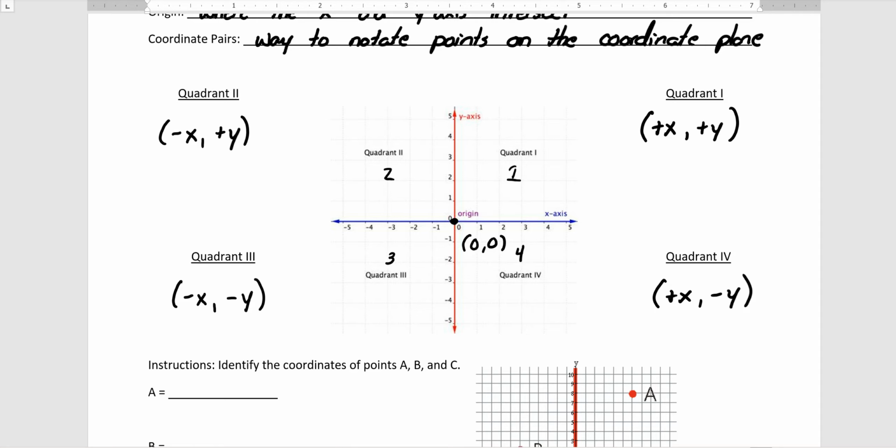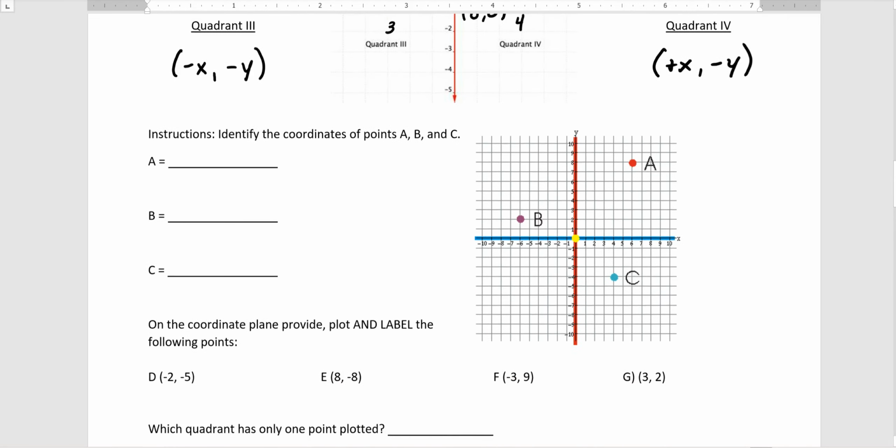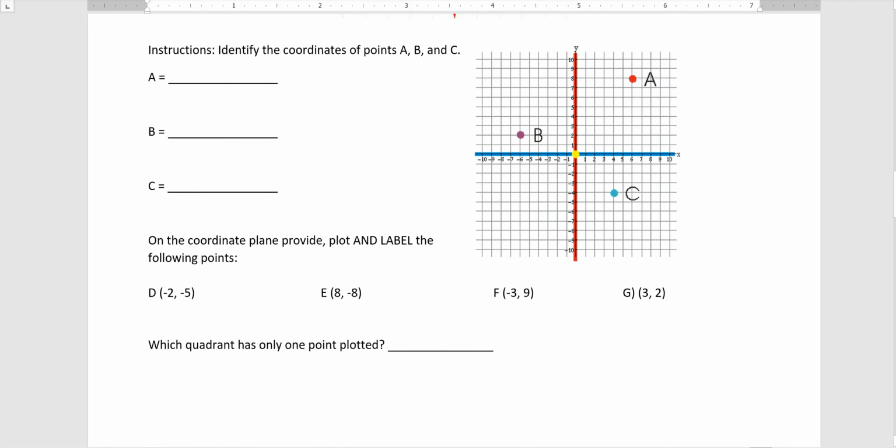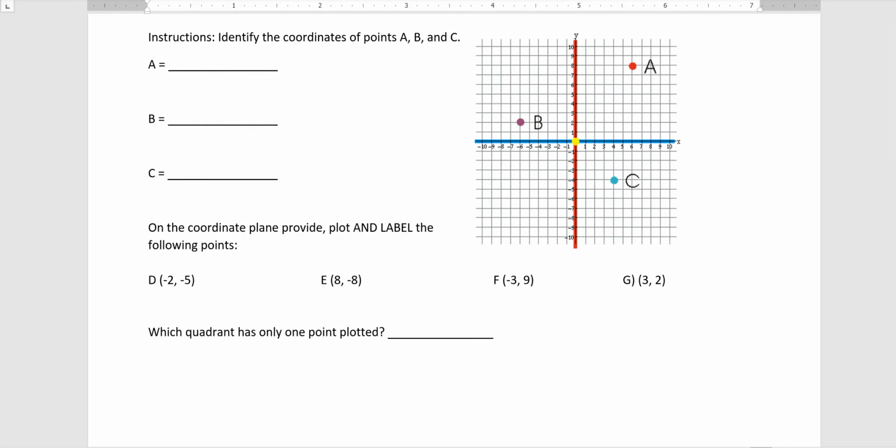So what I would like you to do is identify the coordinates of points A, B, and C in this graph below, and then plot your own points D, E, F, and G, and then answer this question. Go ahead and pause the video and take care of those tasks, all right? All right, let's check how we did. Point A is in the first quadrant, and it looks like I have to go right 6 and then up 8.